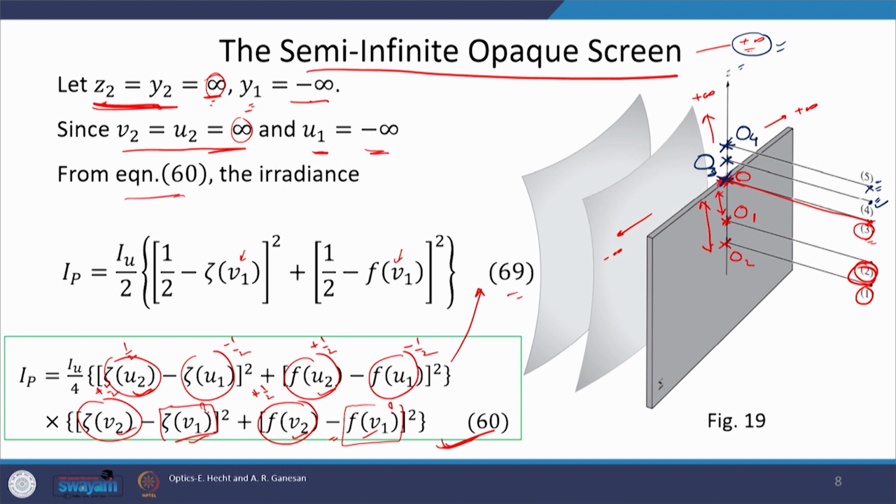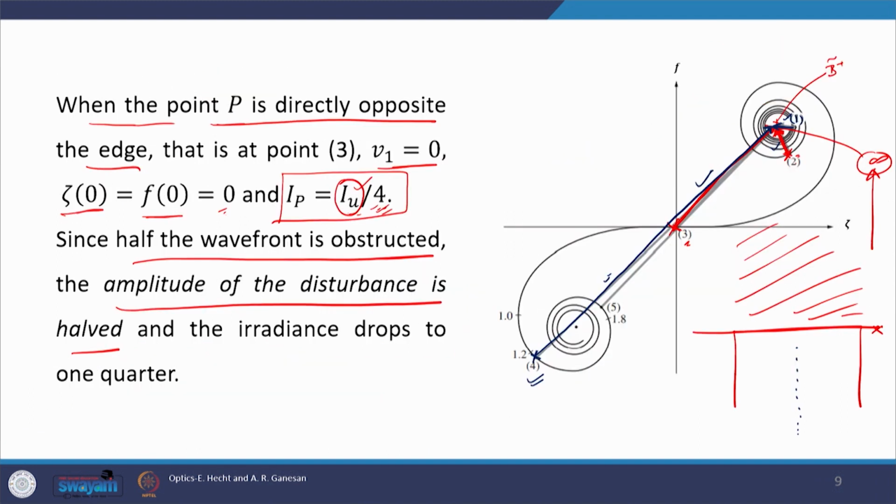For point O4, the coordinate of the lower edge would be a more negative number, while the coordinate of the upper edge again is plus infinity. This distance is larger. In this case, point 5 would be represented by this point on the Cornu spiral, and the resultant vector would be given by this dashed blue line.